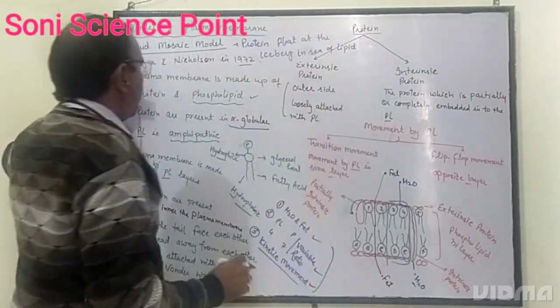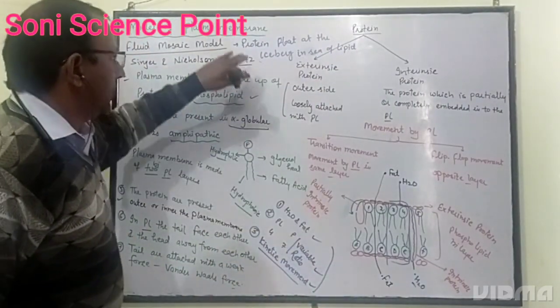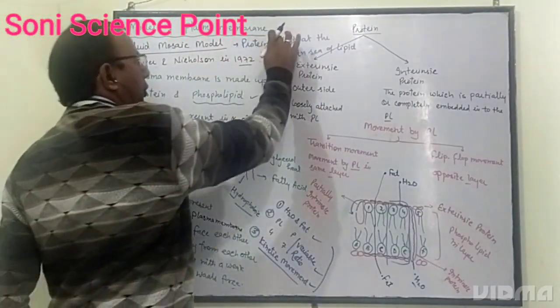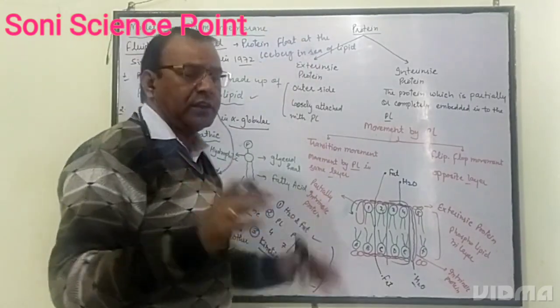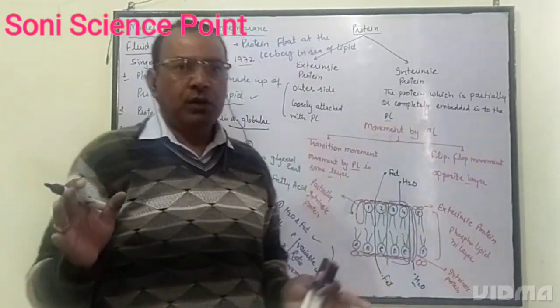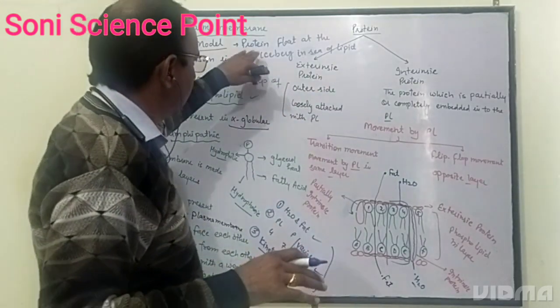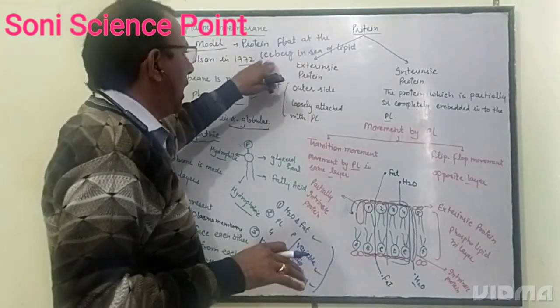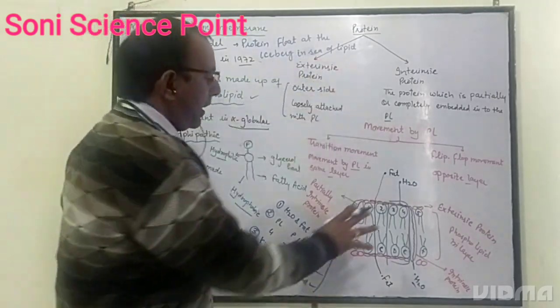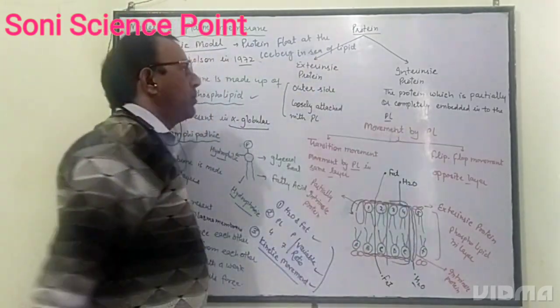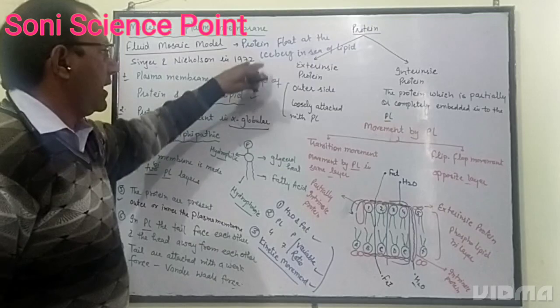Singer and Nicolson proposed that in their model the proteins float. Proteins are embedded just like in the sea. There are many huge particles of ice floating at the surface of sea water, just as protein floats like an iceberg in the sea of lipid. In the sea of lipid, the protein particles float just like icebergs.